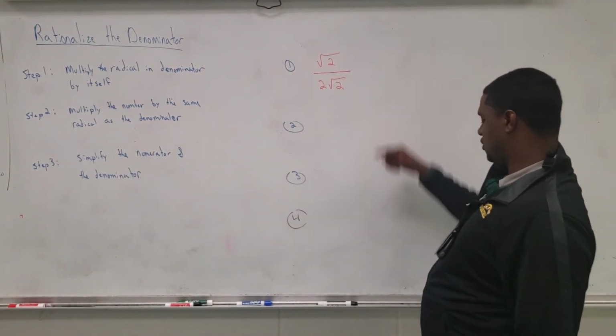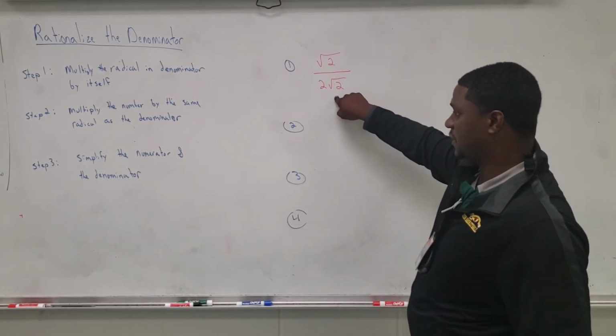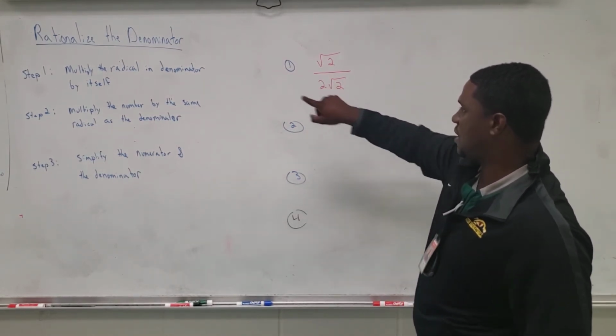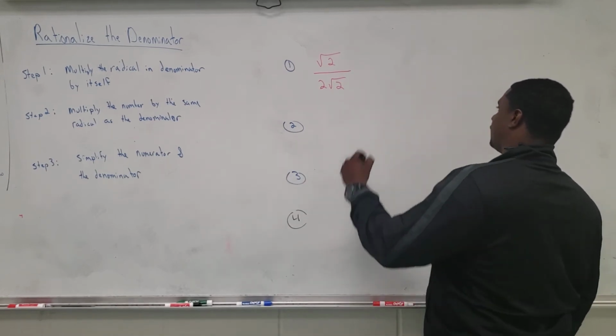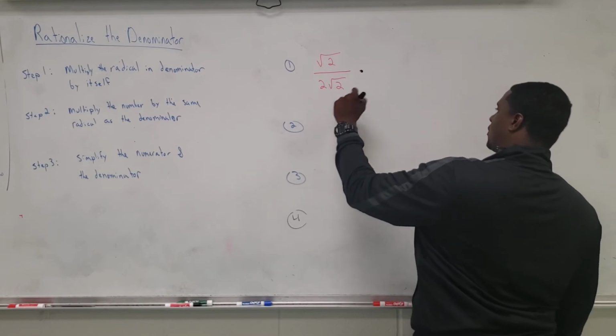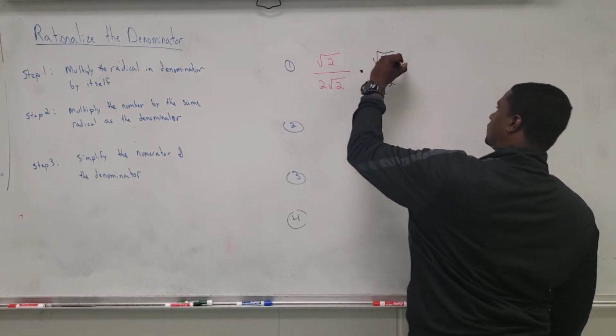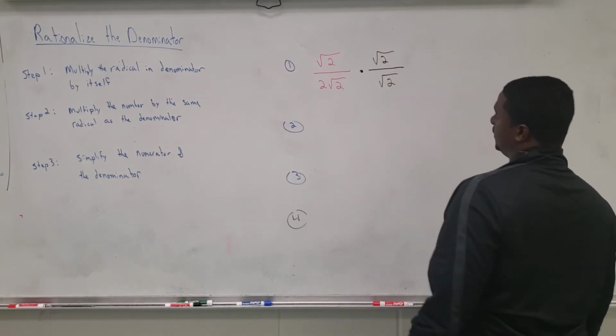All right, you see a radical in my numerator and my denominator, which is no problem. I'm only looking at my denominator. I'm trying to rationalize my denominator first, right? We can't have a radical in the denominator. So my radical in the denominator is square root of 2, so I'm going to multiply the numerator and my denominator by the square root of 2.